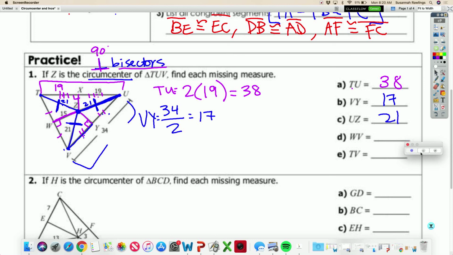Okay, so from this point, we are going to have to use Pythagorean theorem here. So I'm going to go through this slowly, but remember that's just our a squared plus b squared equals c squared. We have to find c by going across from the right angle. So we're looking for WV. I'm going to kind of pull out the information that we have. So WV is this line. So I'm just going to look at that triangle right there. I'm going to rewrite it over here.